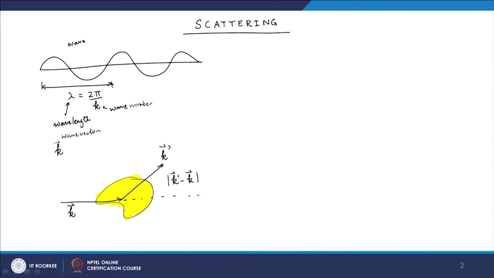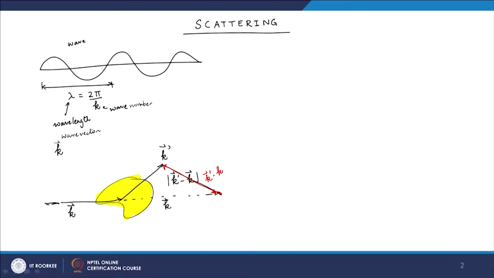We produce a k here, and then using the triangle rule, this particular vector becomes my k prime minus k, actually the opposite of that.